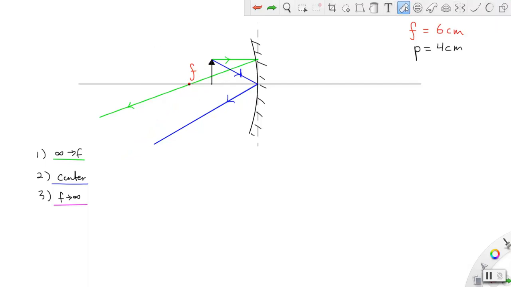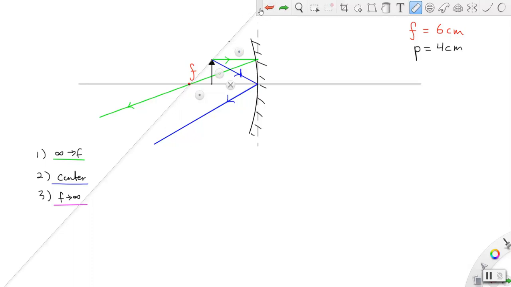Our answer is going to be to take one of these to the focal point here, and the other one to the tip of the object. I'm going to need to move this out of the way so that we can see what we're doing here. Remember, this does not come all the way from the focal point. It just seems to because it's coming from the object itself. And we have to go all the way to the optical plane here.